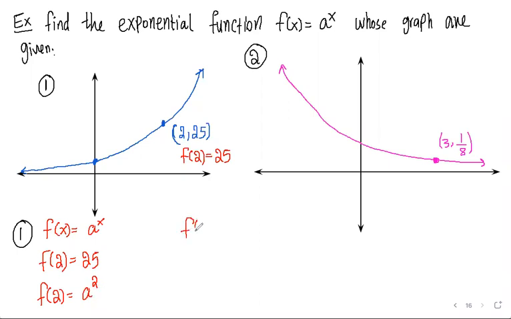So f of 2 is a to the 2, and this equals 25, and 25 is actually equal to 5 to the 2. So my value for a is 5. So the answer for this example is f of x equals 5 to the x.